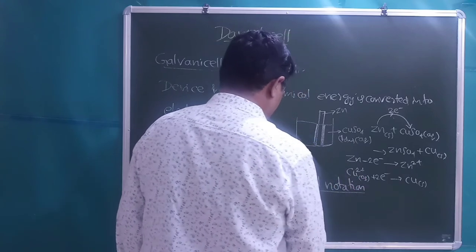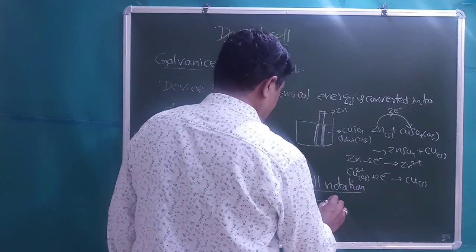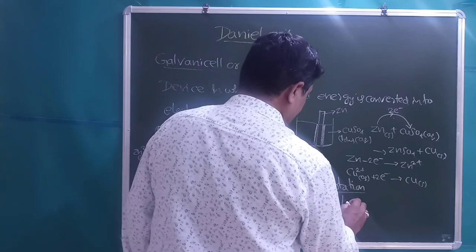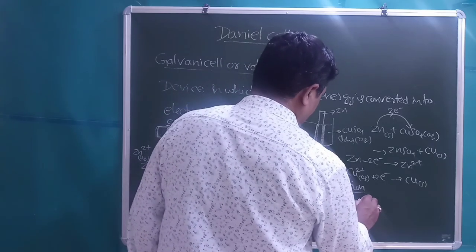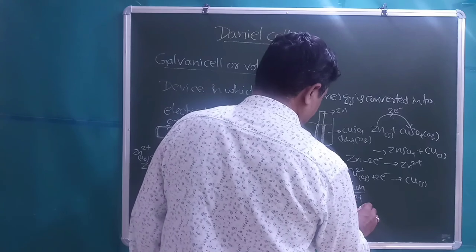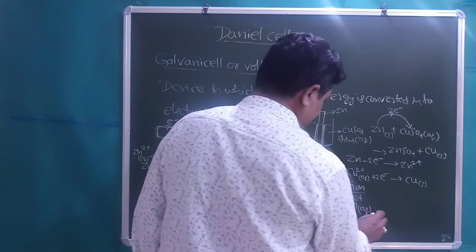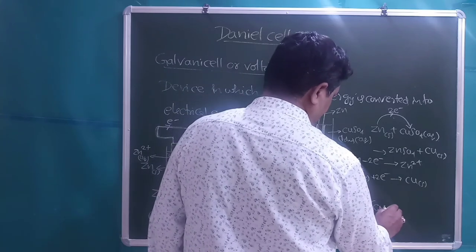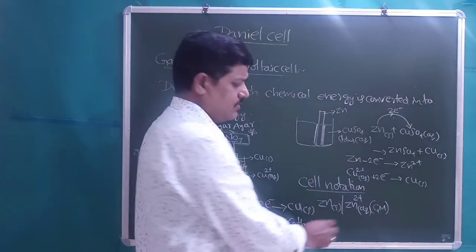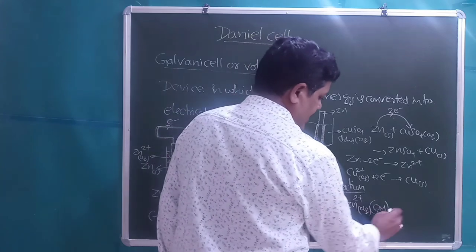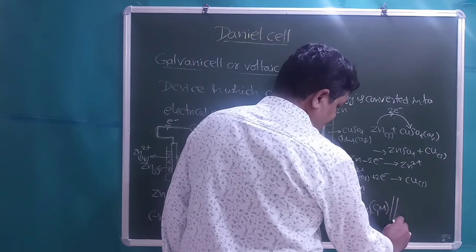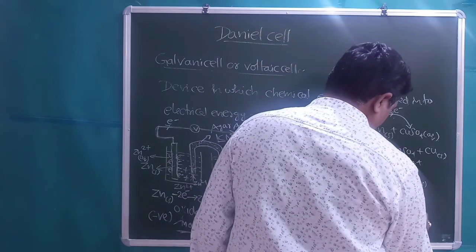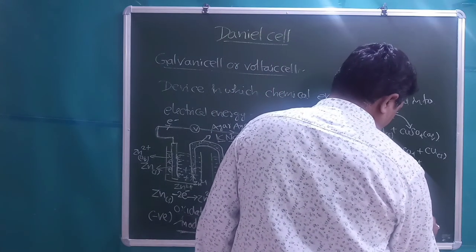General representation for the Daniell cell: we write the anode electrode, slash, anode electrolyte Zn2+, the state is aqueous. If its concentration is C1 molar, we will write it here. Then the double slash indicates the salt bridge, and then the cathode electrolyte Cu2+ aqueous.